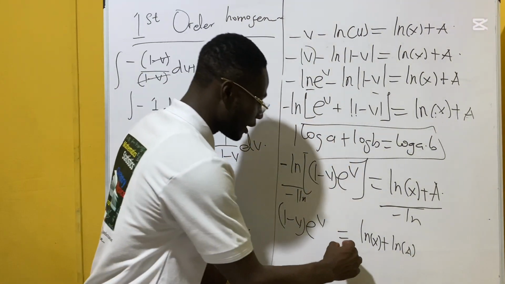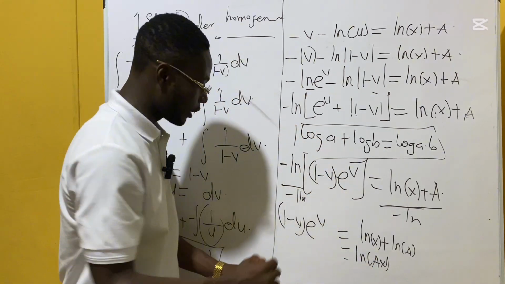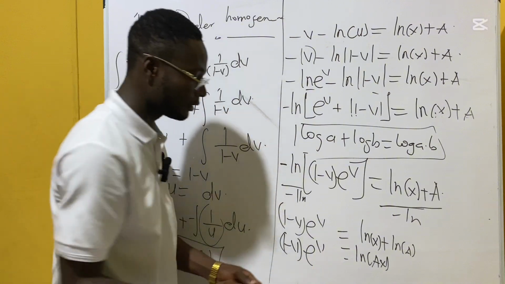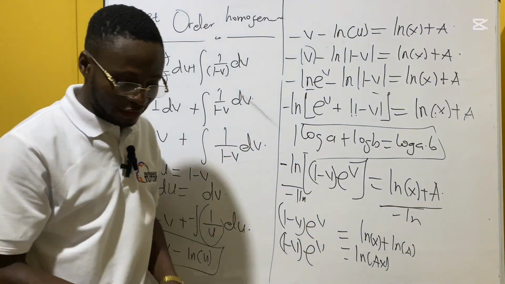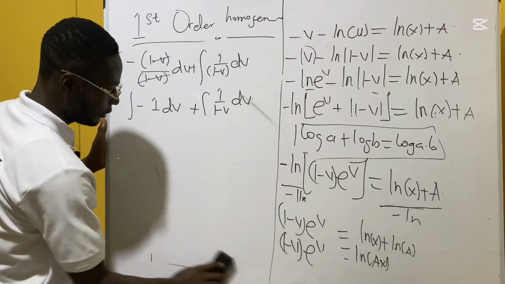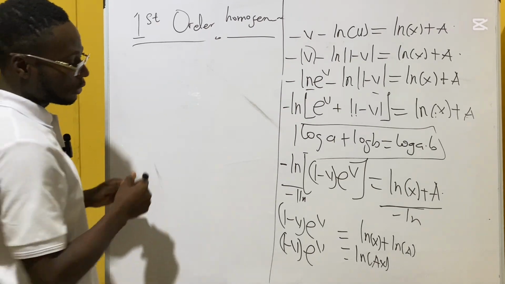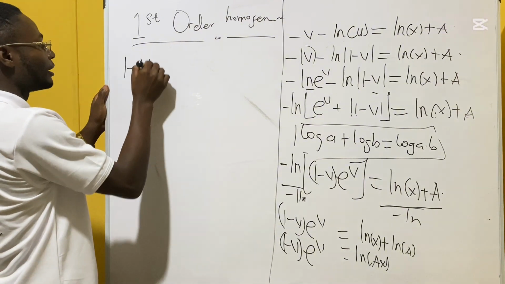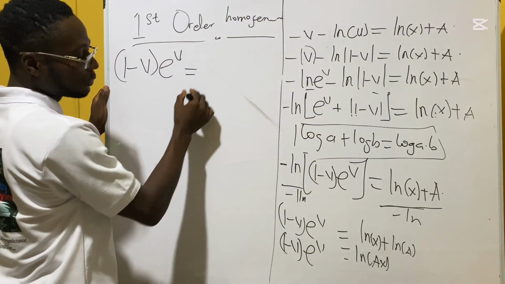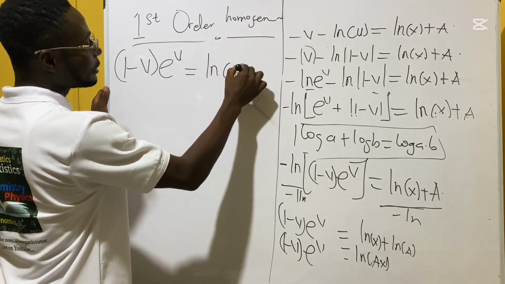So we are going to have ln ax here. So we have 1 minus v e power v equal to ln ax.